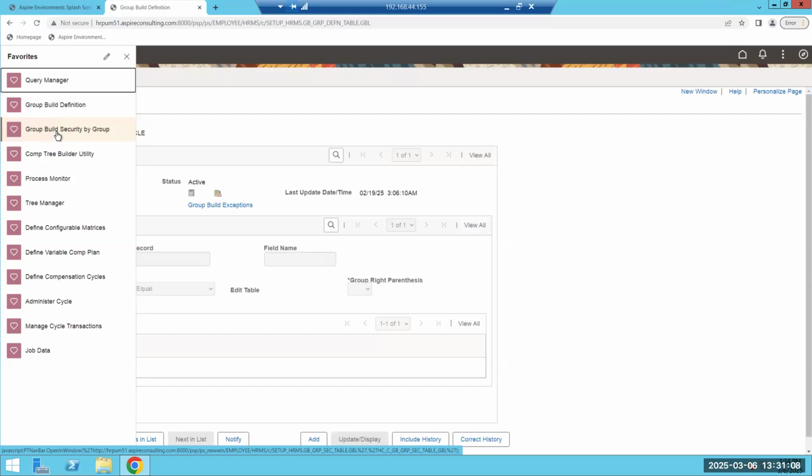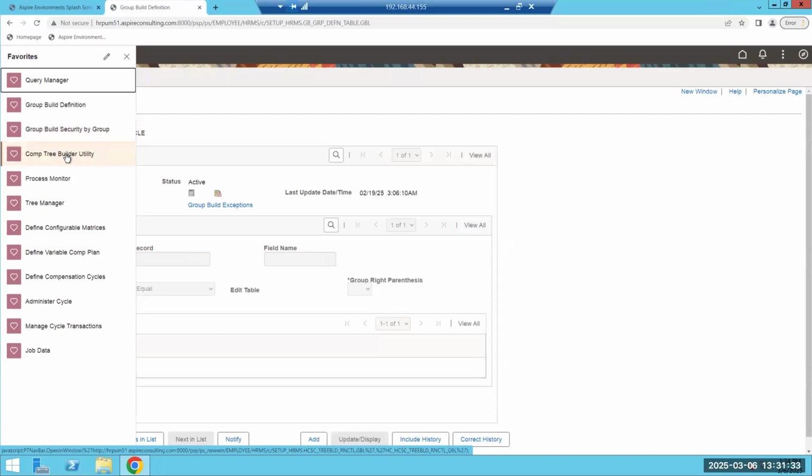So there's a page where you have to set up the security for the group after you've defined it. So that's kind of the sequence for coming up with your group that's going to be your population included in your comp cycle.